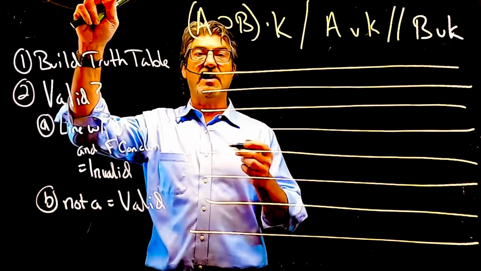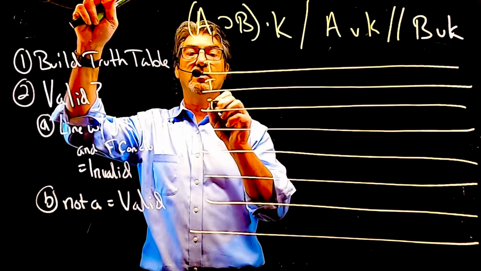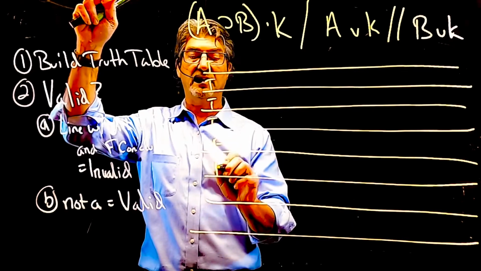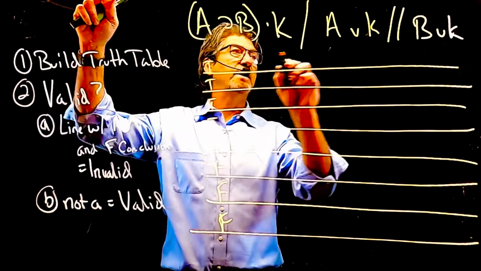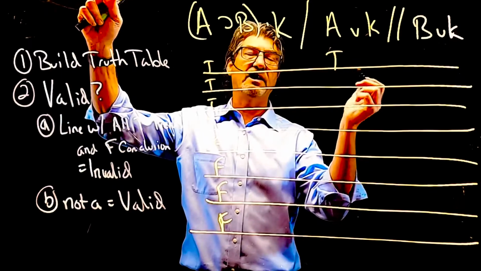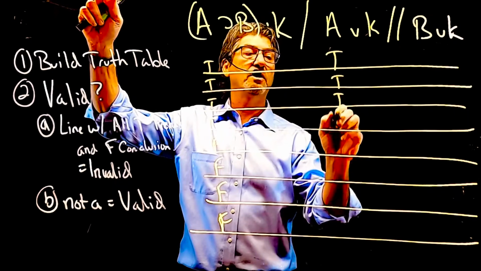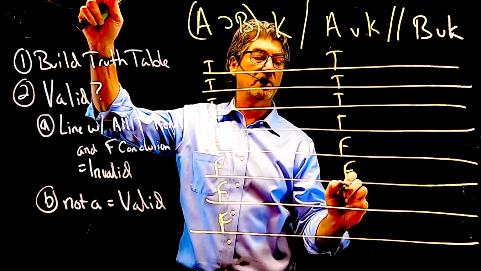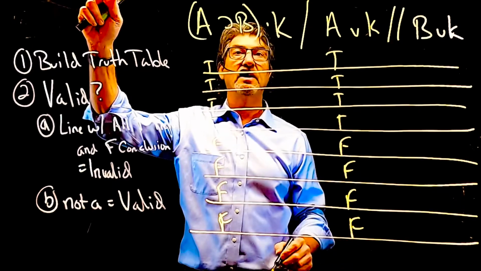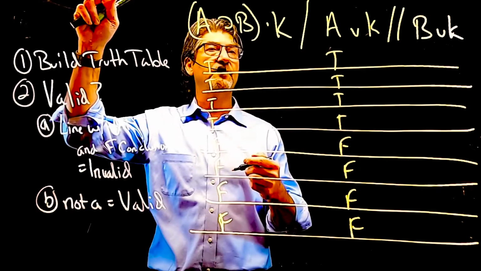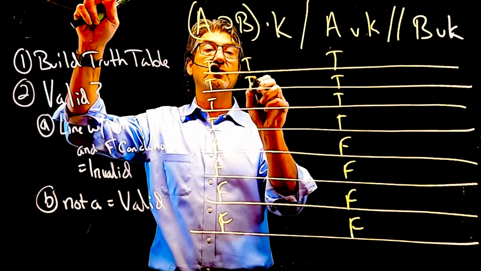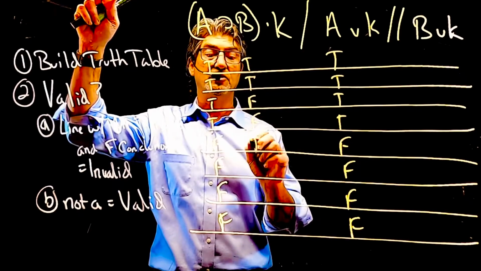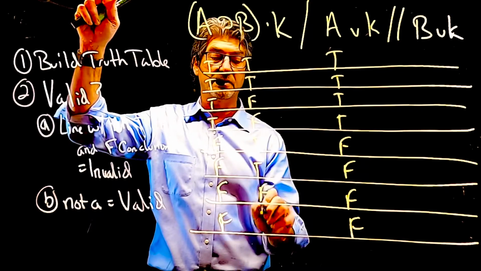Underneath the A, you have half truths, 1, 2, 3, 4, and then half falses. Find every K, find every A. 1, 2, 3, 4. Now, the second letter is B. We're going to go 2 truths, 2 falses. 2 truths, 2 falses.